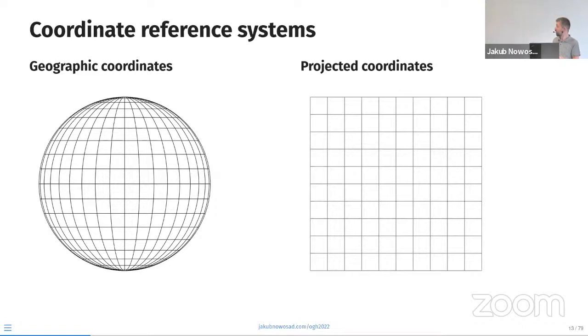And then when we think about CRSs, we often think about two types of coordinates. We think about geographic coordinates, usually in degrees, and projected coordinates, usually in meters, or some other metric distance. Using one or the other could give us different results, and sometimes the decision about which one to use in our project is crucial.